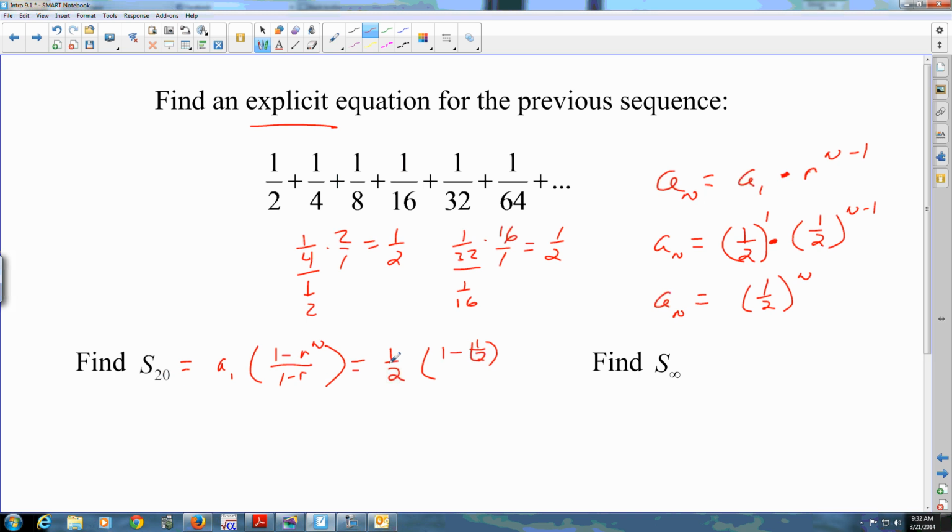Well, I'm adding up the first 20 things, so I put a 20 there, and divide it by 1 minus a half. Close the paren, and I think I did this ahead of time. Let me make sure so I can actually write a number down for you guys, in case you wanted to play along at home.